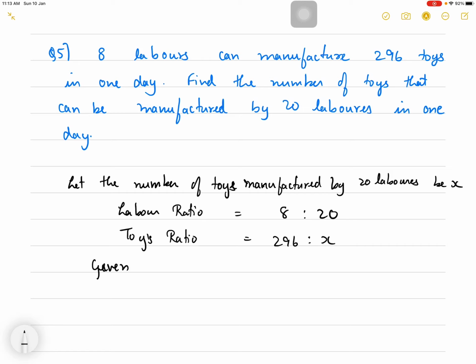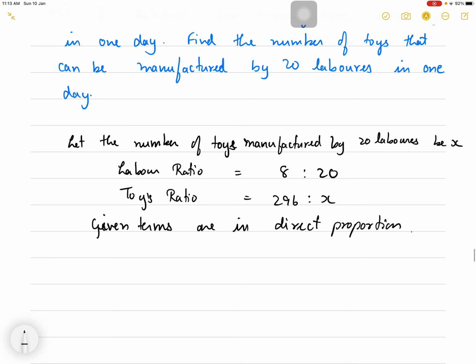So given terms are in direct proportion. Therefore 8:20 is equal to 296:x.